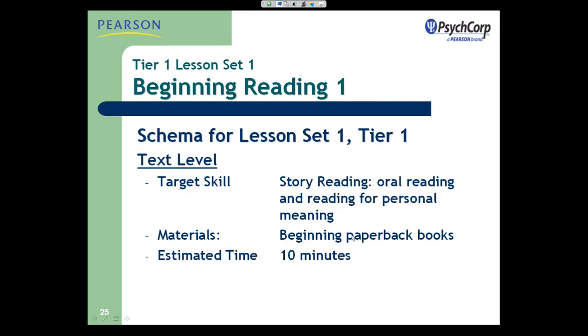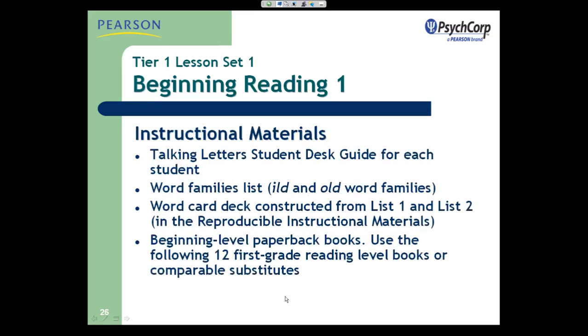We'll ask students to read stories, oral reading, reading for personal meaning. We tell you what materials you're going to need, how much time to allocate. In all of the materials that are listed here, well, most of them are included as part of the PAL2. The talking letters student desk guide is, the word families list is as well.